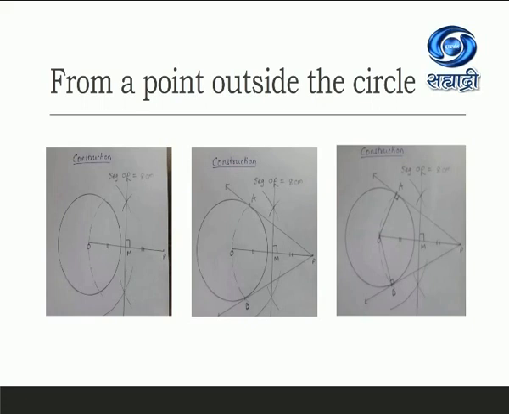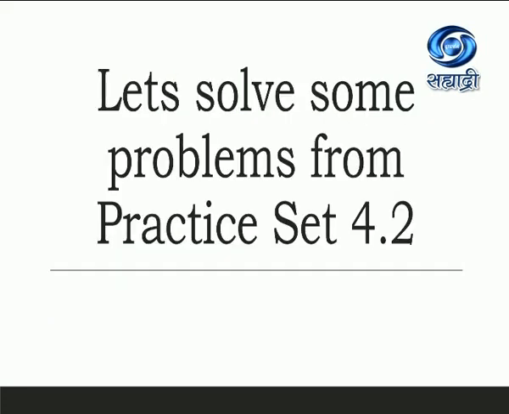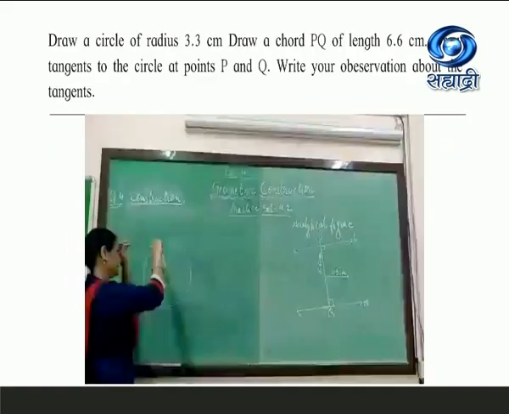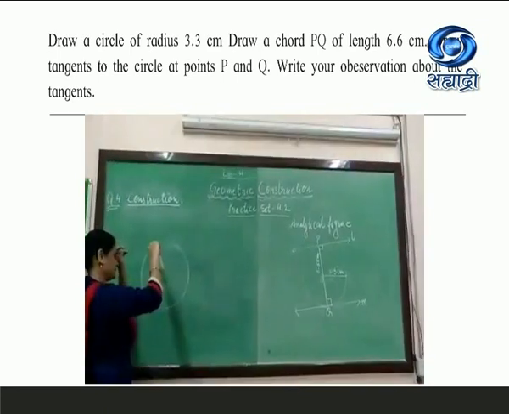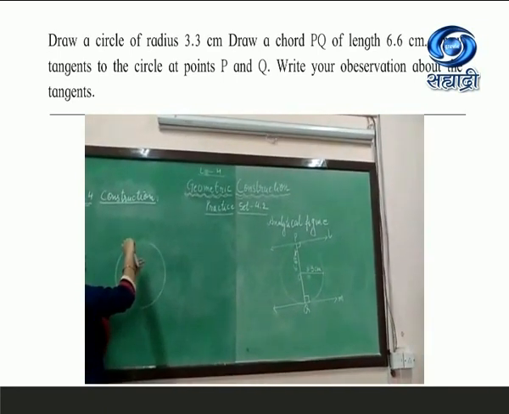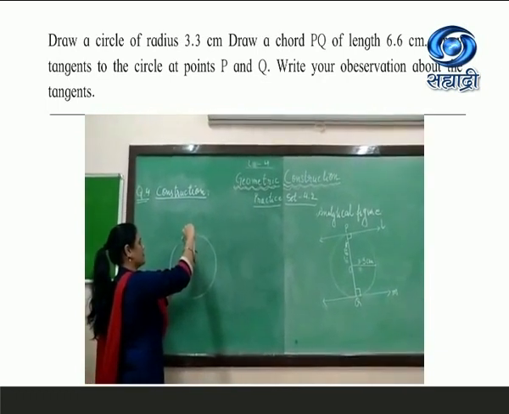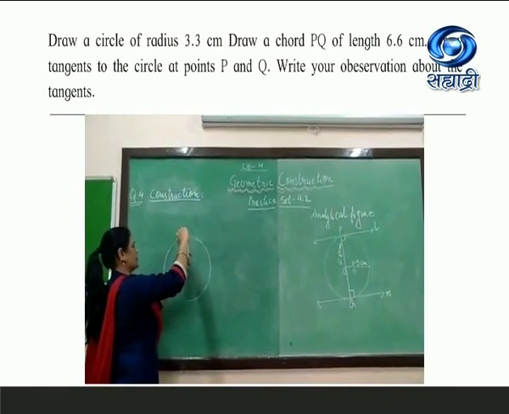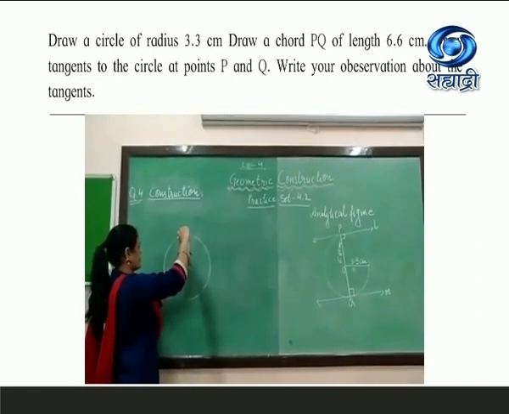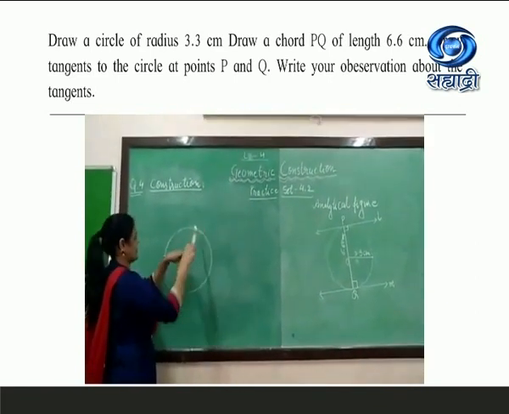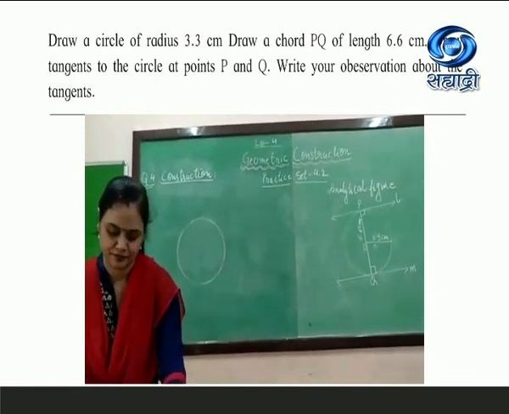Our construction is over. So let's practice some problems from practice set 4.2. Here there is the practice set, and I have taken some from problem set 1 or 2. The question is: draw a circle of radius 3.3 centimeters.